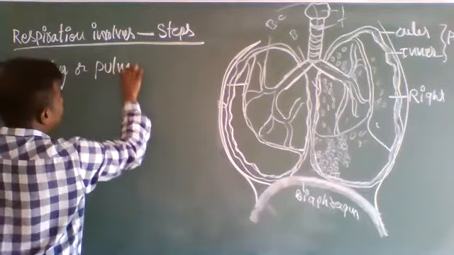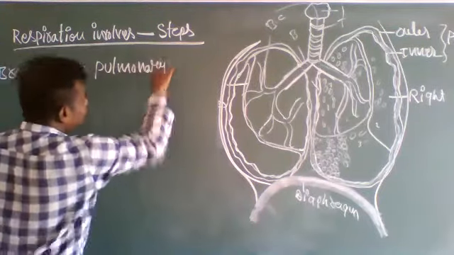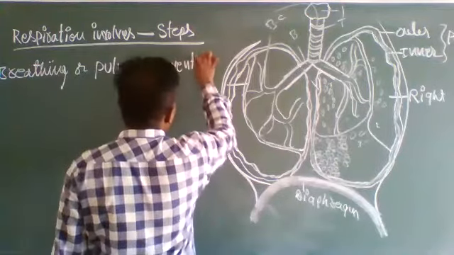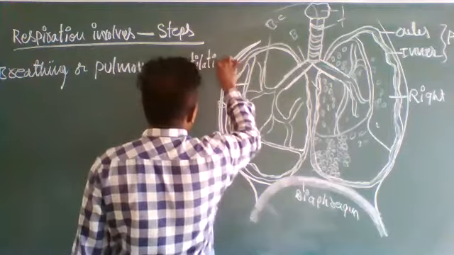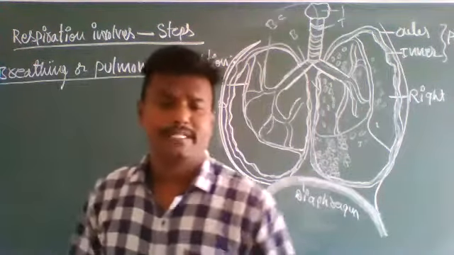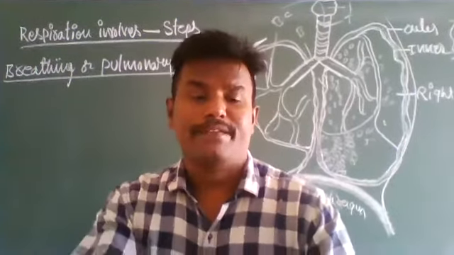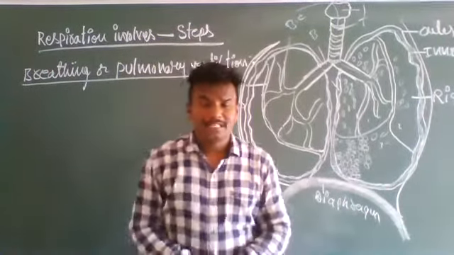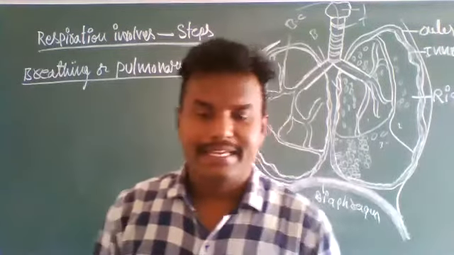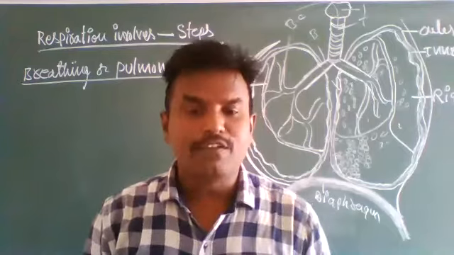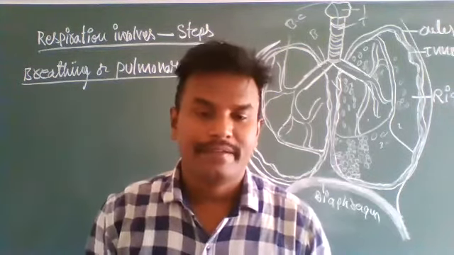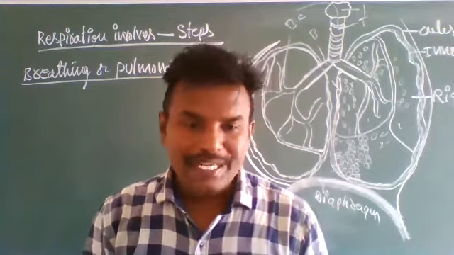Breathing, or pulmonary ventilation. See here, the atmospheric air, which has 21% oxygen, enters into the lungs through the respiratory parts.